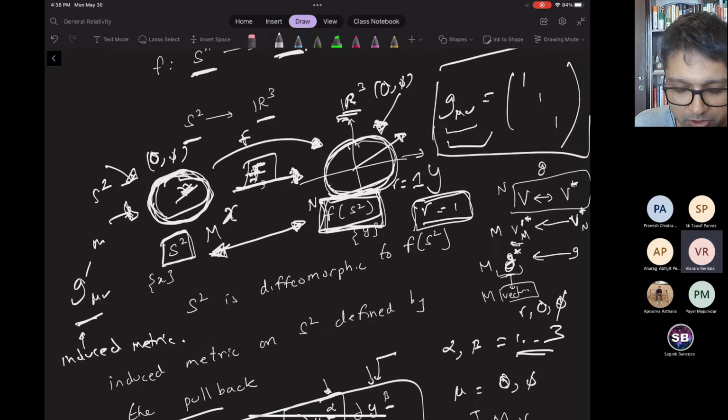So what should not happen is that this map is an immersion map, because then I think you will run into a problem. Sorry, if it's not an immersion. Sorry, if it's not an embedding.